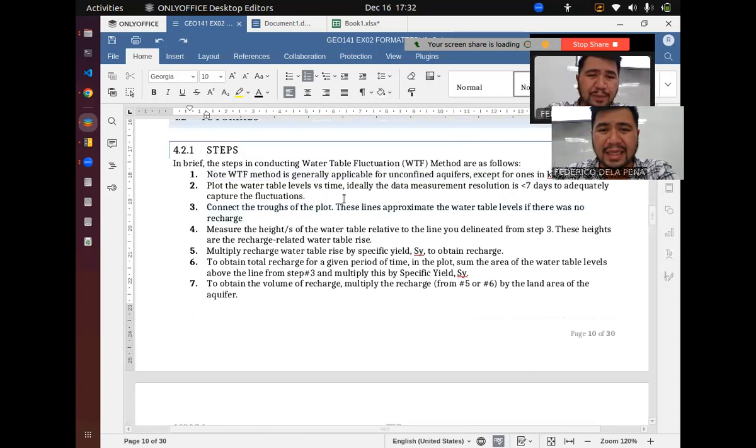I hope you understand that concept. Again, disclaimers: you can only use the WTF method for unconfined aquifers.